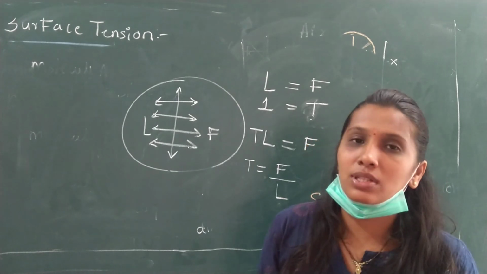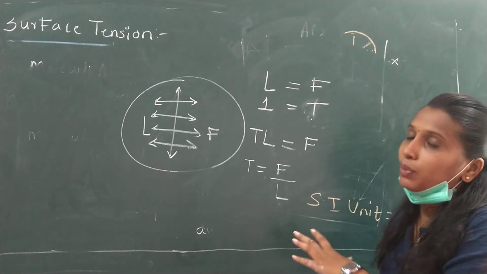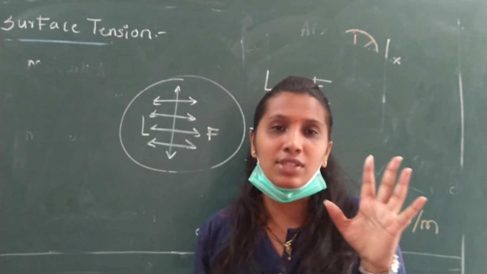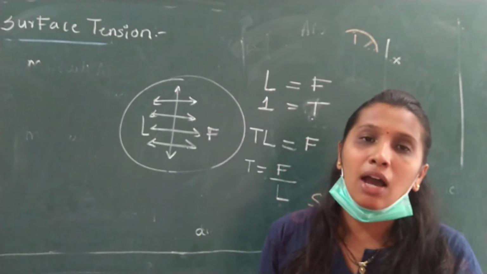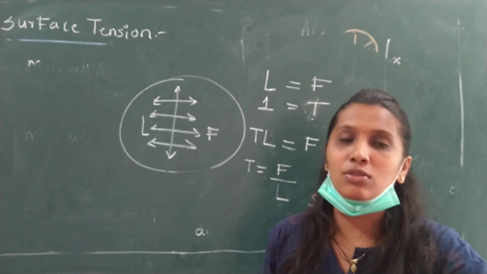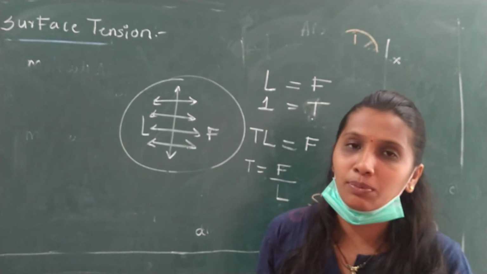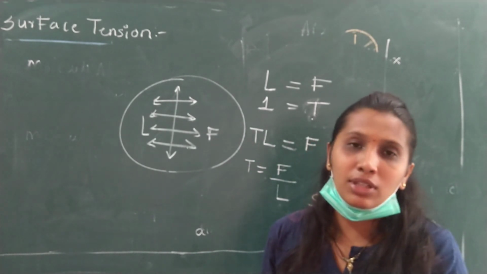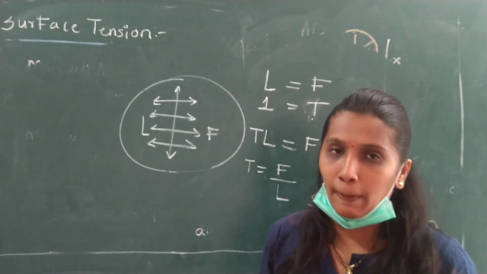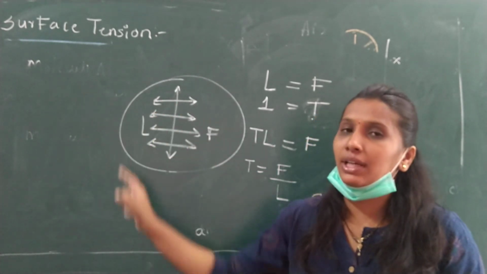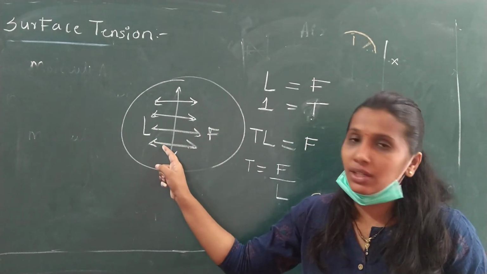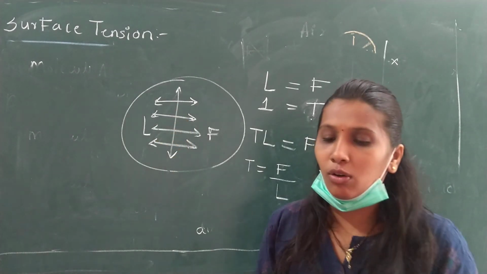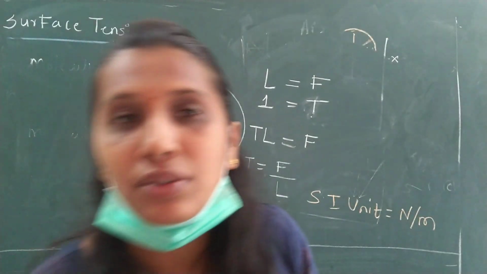After studying those forces, we saw one example of molecular theory in which we considered three molecules and saw how they behave when they are at the surface or when one is inside the liquid. After that we took in conclusion how the surface behaves like an elastic membrane. And lastly we defined what surface tension is in this way. So I hope you have understood it. Thank you.